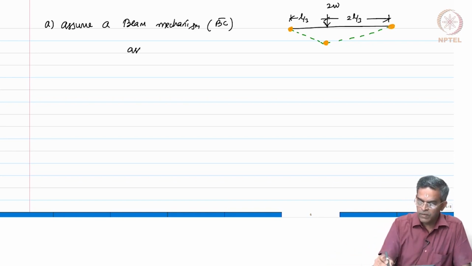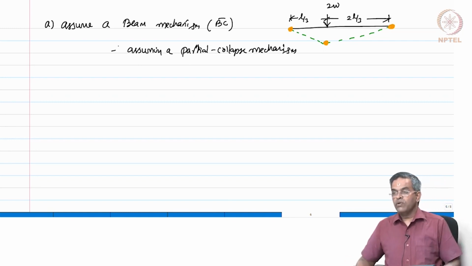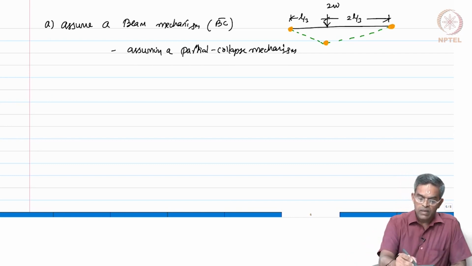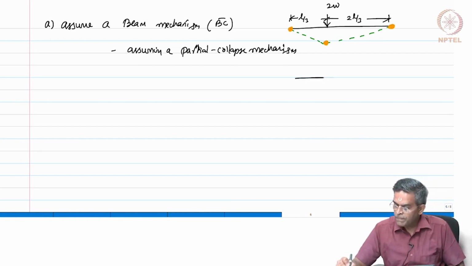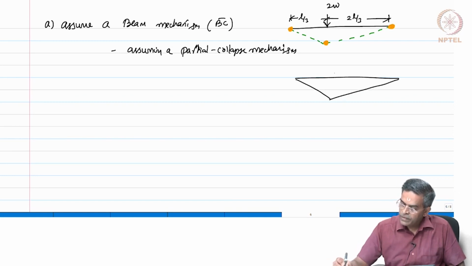Why a partial collapse mechanism? For a complete collapse mechanism I need 4 hinges, I have assumed only 3. Let me redraw this figure with this load 2W.